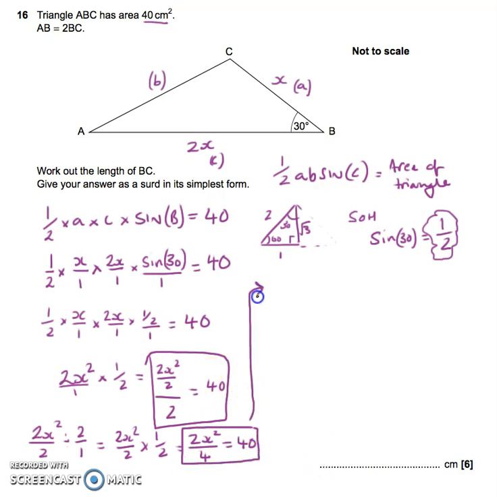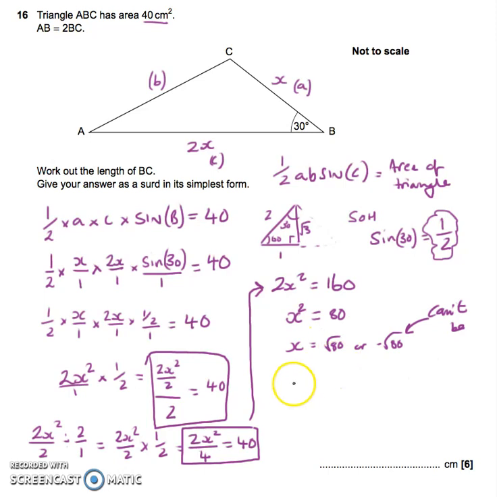To get rid of divided by 4, we times by 4, so we've got 2x squared equals 40 times 4, 160. And divide both sides by 2, we're going to get x squared equals 80. And then square root both sides, we're getting x equals the square root of 80, or negative root 80, but it can't be negative because we're talking about a length. So it can't be that one.